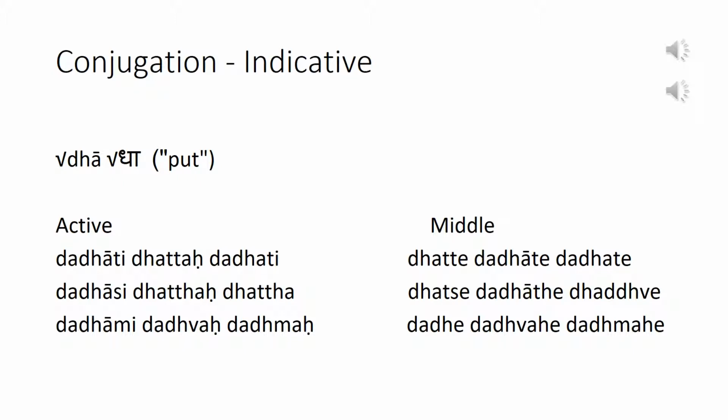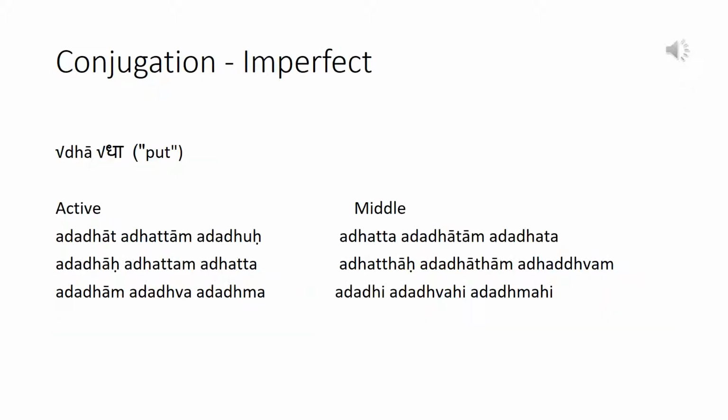Let us look at the conjugation paradigms of dha. Here is the indicative. Now the imperfect.